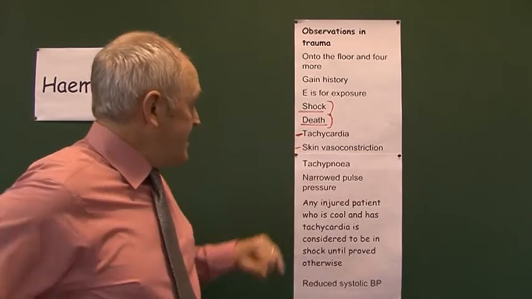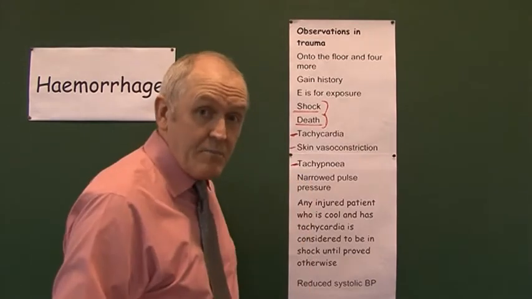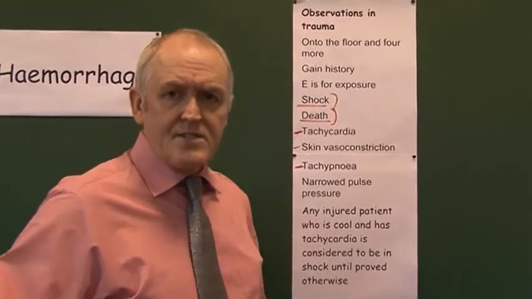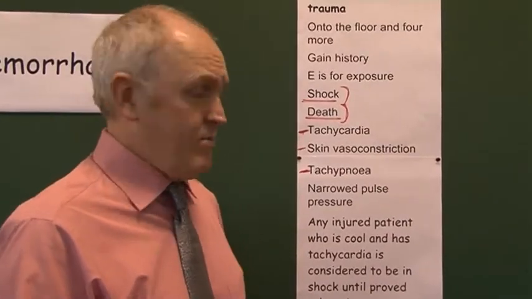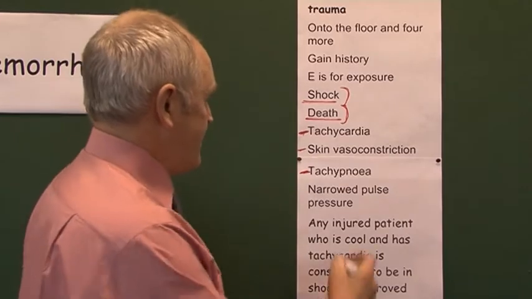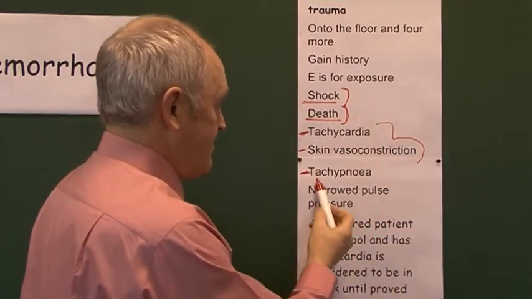And another early indicator, actually a bit later, typically, but tachypnea, rapid breathing. The patient's trying hard to get more oxygen into the body. So tachycardia and vasoconstriction, probably the earliest features, followed by tachypnea.